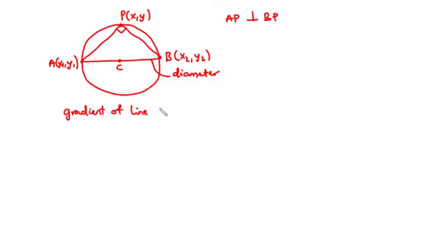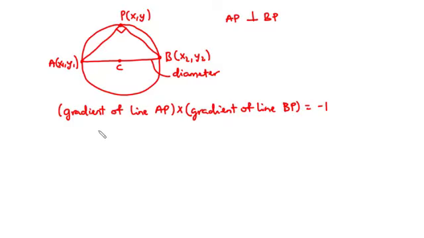of line AP times the gradient of line BP is equal to -1. Now let's find the gradient of line AP and then BP.